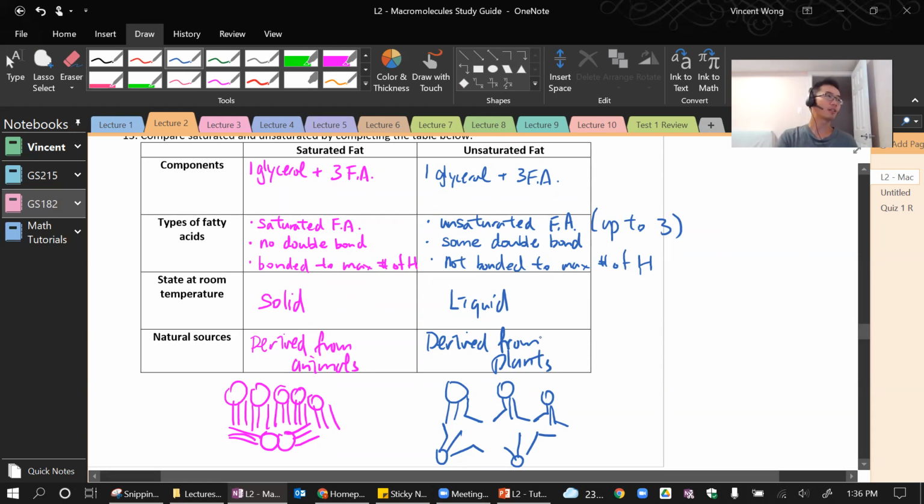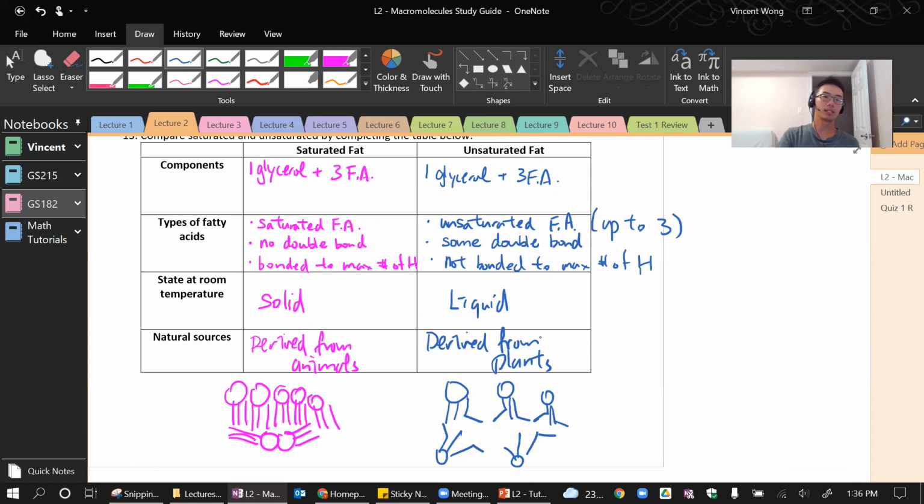Any chef here? People who cook? Coconut, that's right. Coconut oil smells so good, but it clots so well. It is solid at room temperature, even though it is unsaturated fat. So there are exceptions. Not everything is black and white.